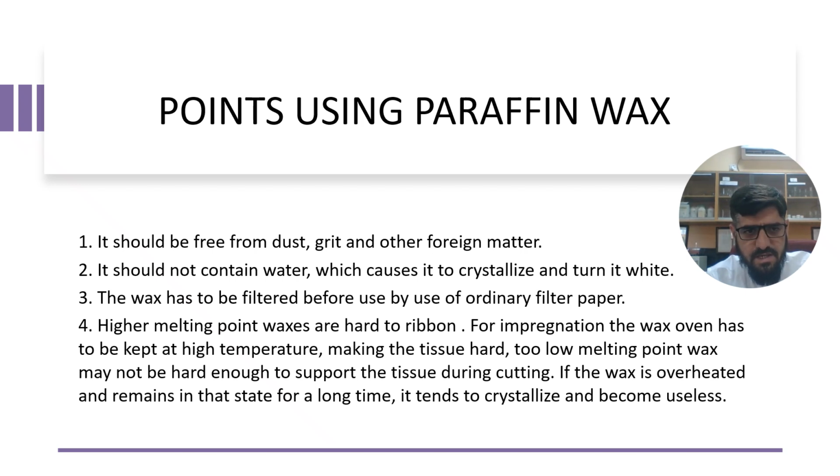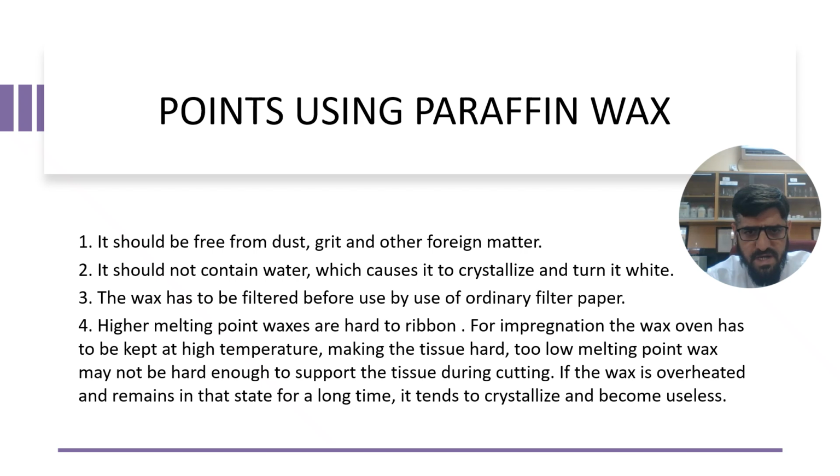The first one is that the wax must be free of dust, grit or any foreign matter. It should not contain water, because it will cause the wax to crystallize and turn white. The wax has to be filtered before use using ordinary filter paper. Higher melting point waxes are hard to ribbon.